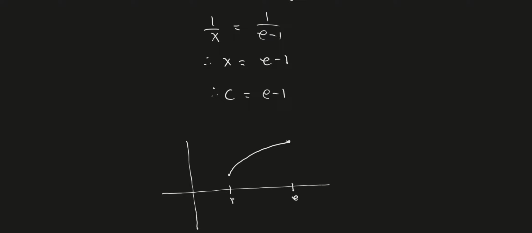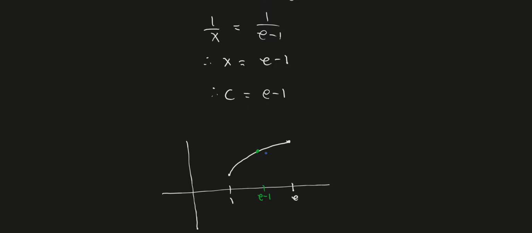And then e minus 1 is going to be somewhere in this interval. So let me mark that off specially. Let's say e minus 1. In fact, let me go ahead and mark that off in green.